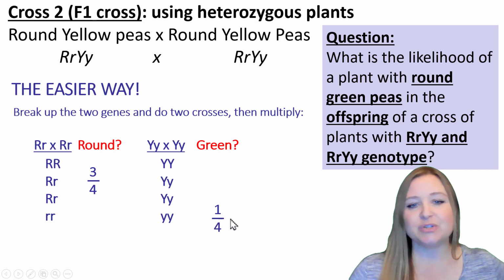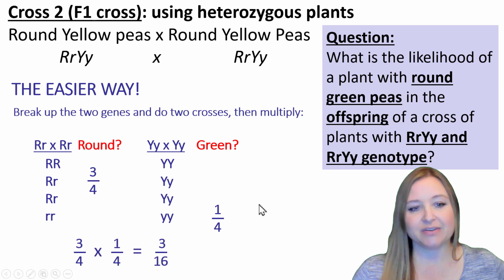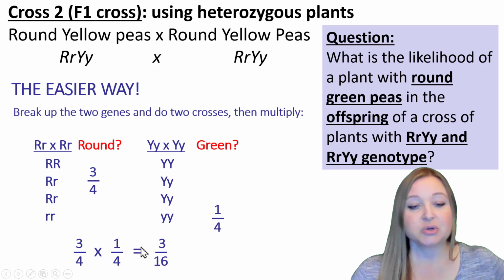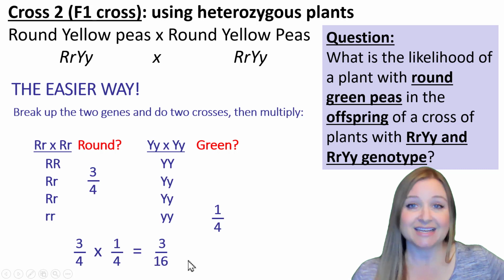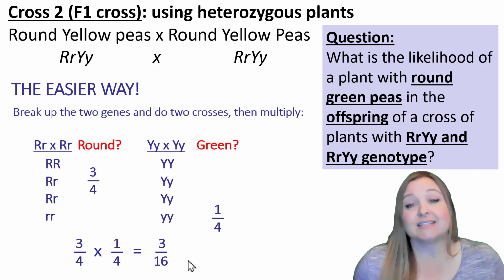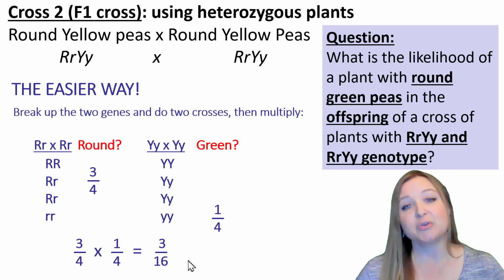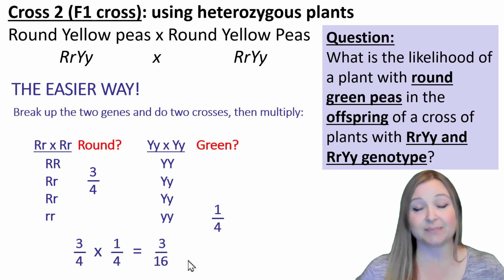And now all we do is we multiply these two together. So 3/4 times 1/4. Well, 3 times 1 is 3. 4 times 4 is 16. So 3 out of 16, that's the probability. That's the likelihood of having a plant with round green peas in the offspring.